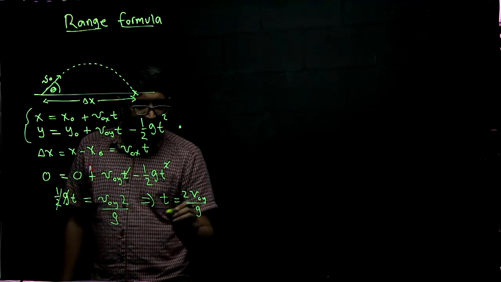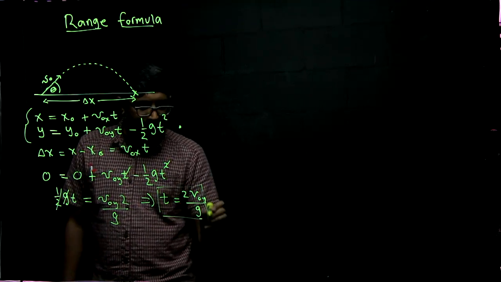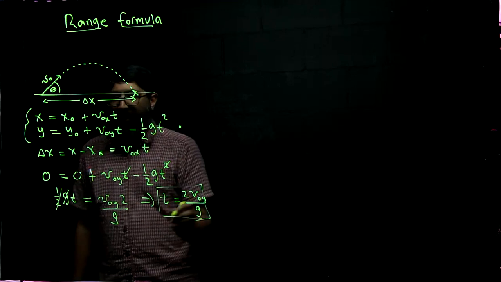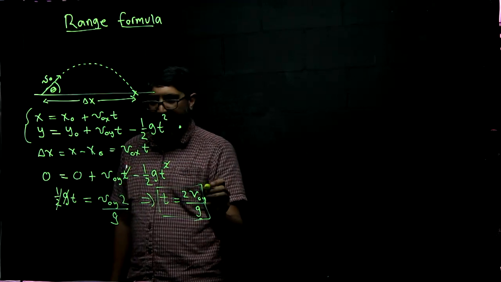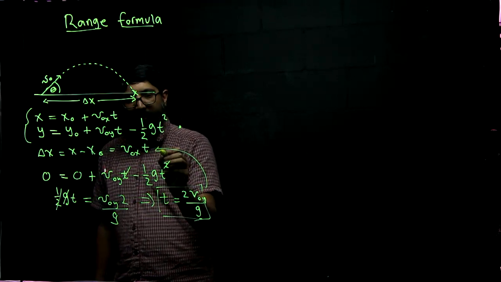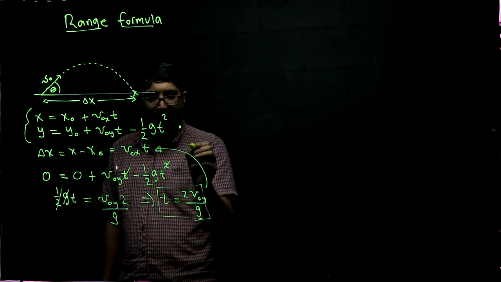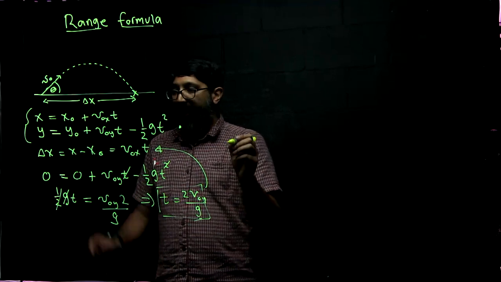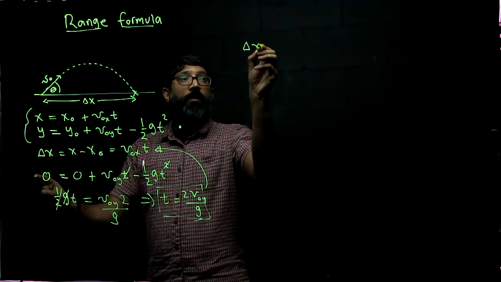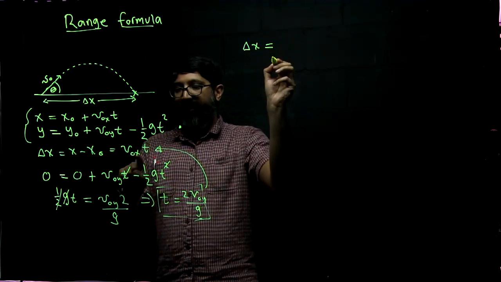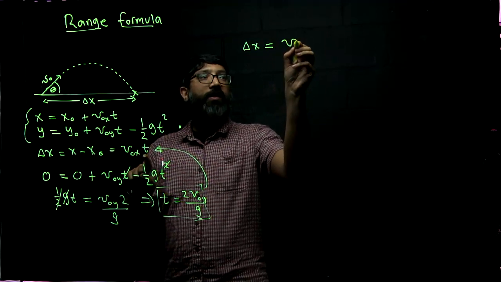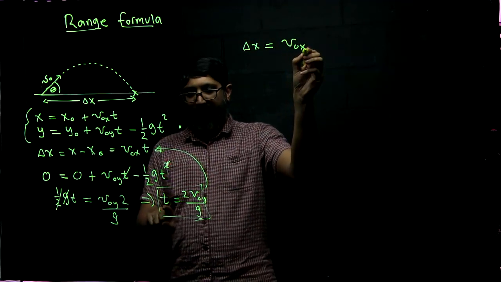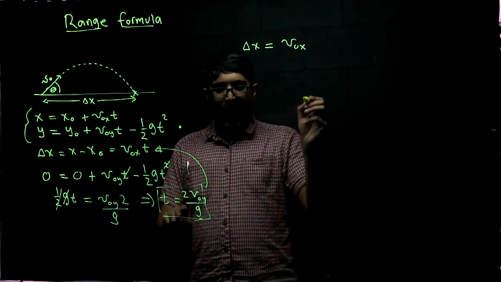This is an intermediate result that will be useful because now we can plug it back into our x equation to obtain the range that we want. So delta x is equal to v0x times t, which is 2 v0y over g.